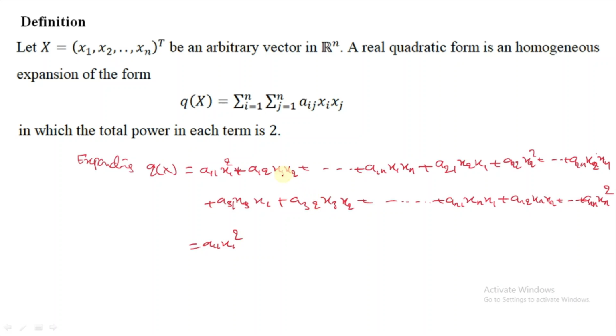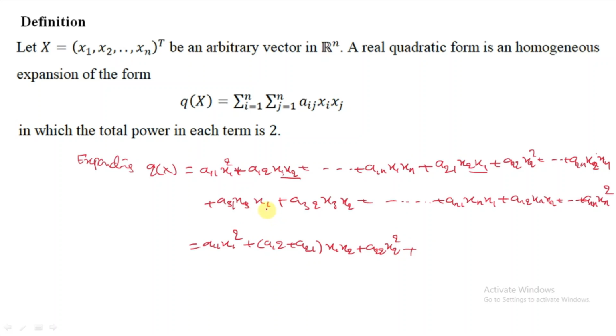Now observe here, x2 x1 is the same as x1 x2. If you take x1 x2 common, we get (a12 plus a21) x1 x2 plus a22 x2 squared.